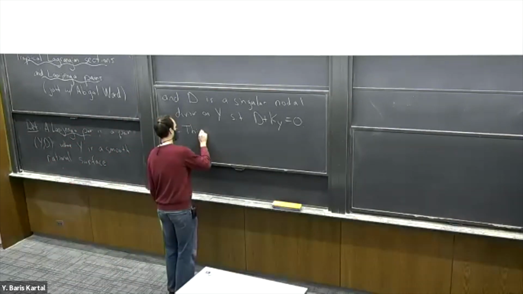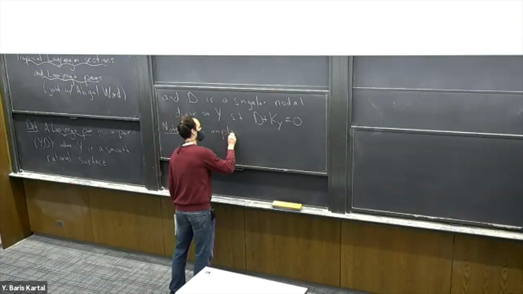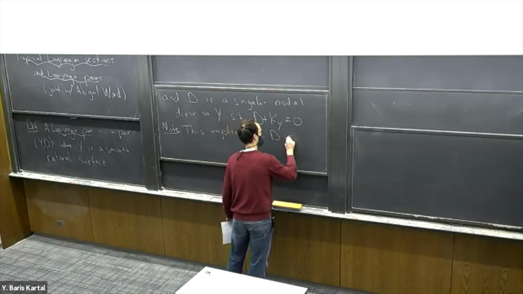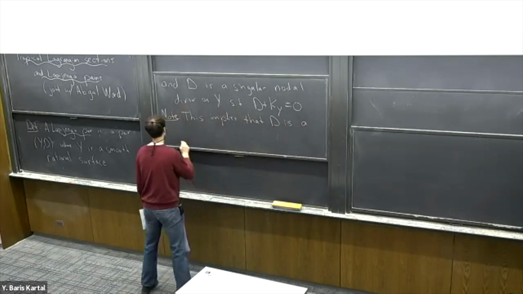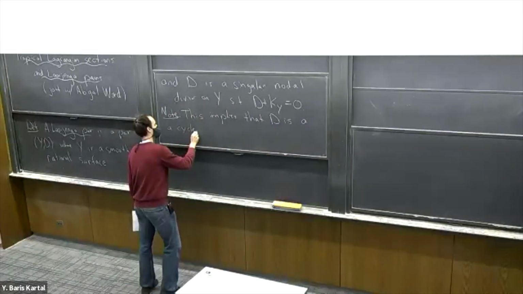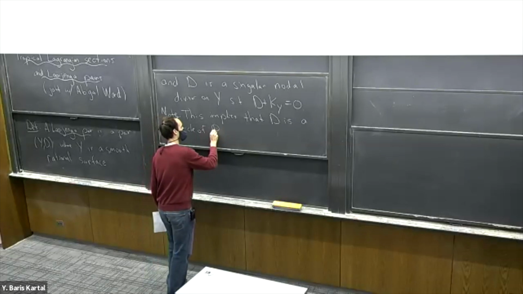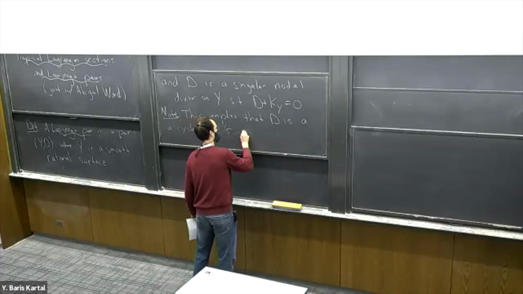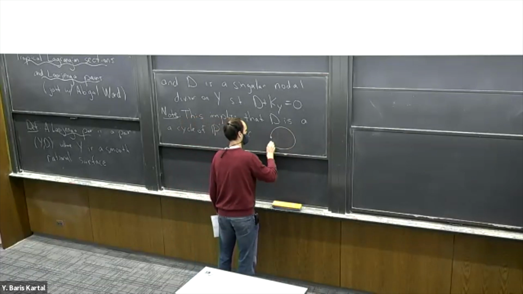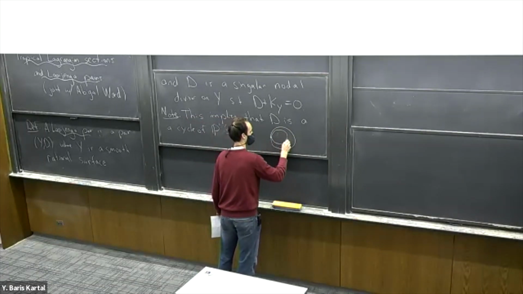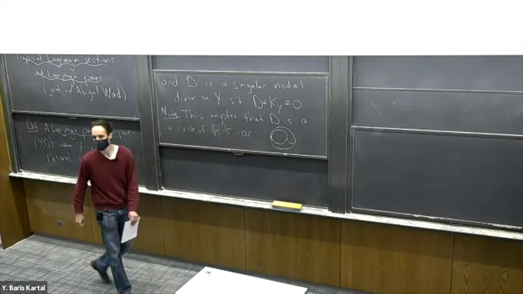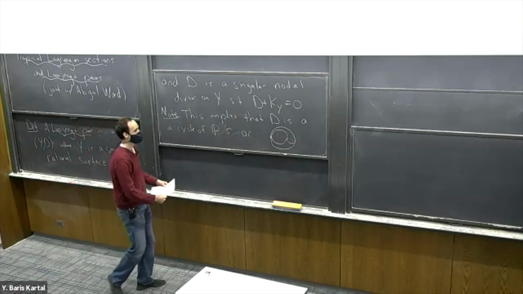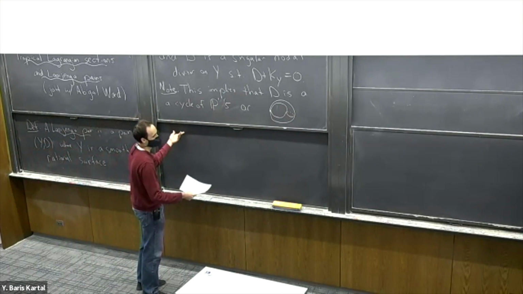So in particular, it is simple normal crossings.